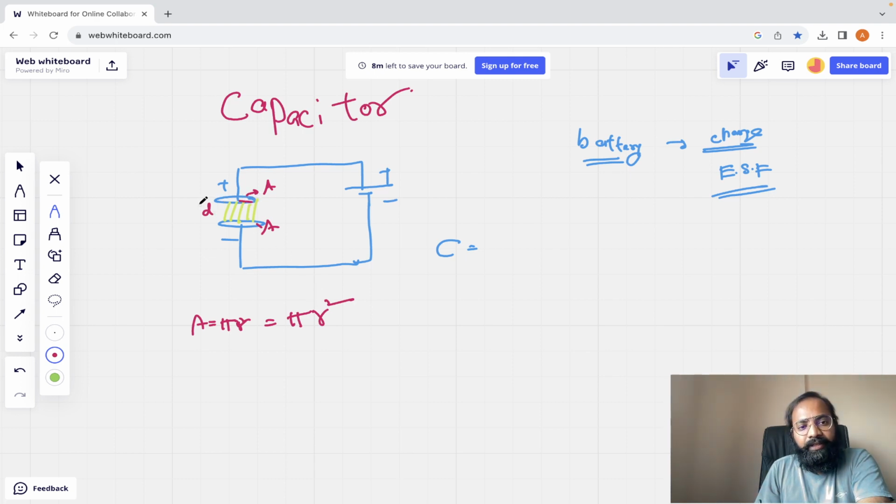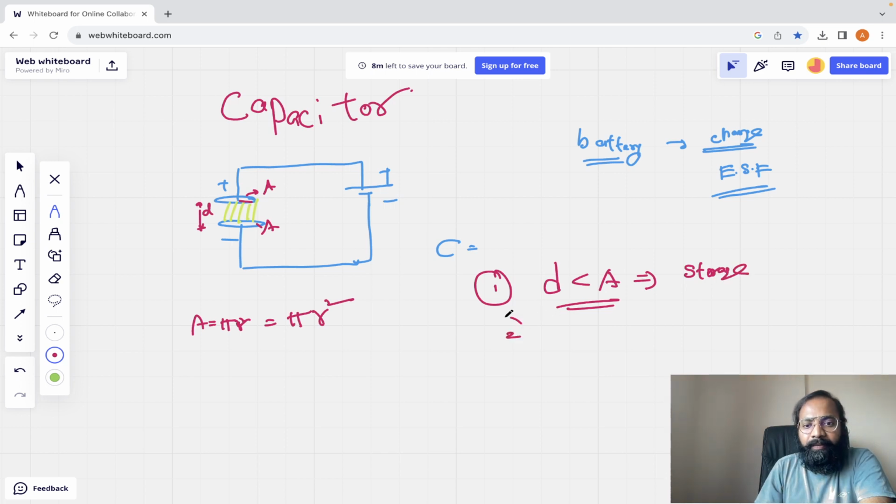And d is the distance between the two plates. Try to understand: if the distance between the two plates is less than the cross section area of the plates, then some kind of capacitance takes place, and only then will storage happen.